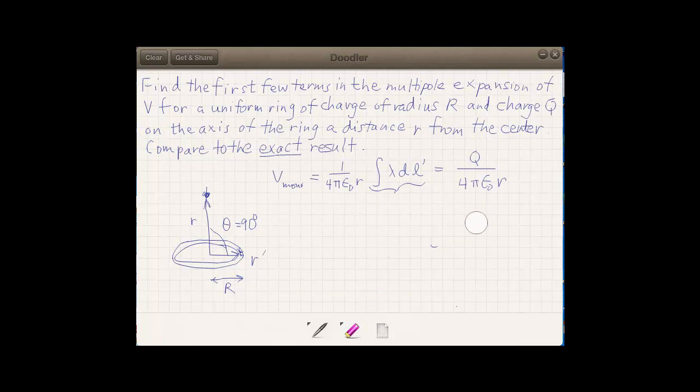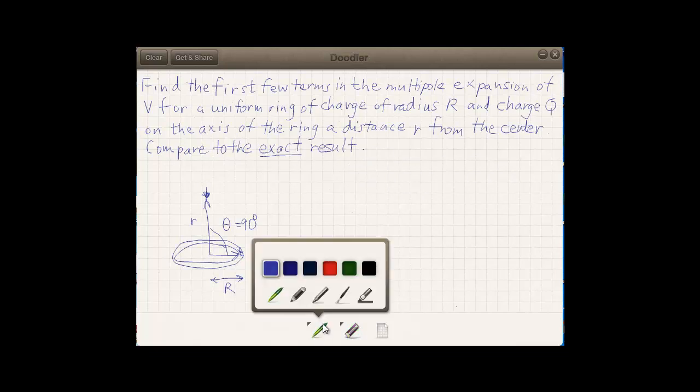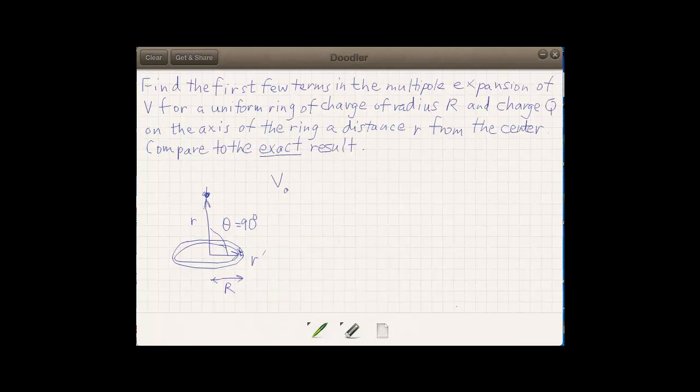The quadrupole term now, which apparently will be the most important correction term for our approximation that goes beyond the point charge result, V quad, once again has the 1 over 4 pi epsilon 0. In this case now it's r cubed.